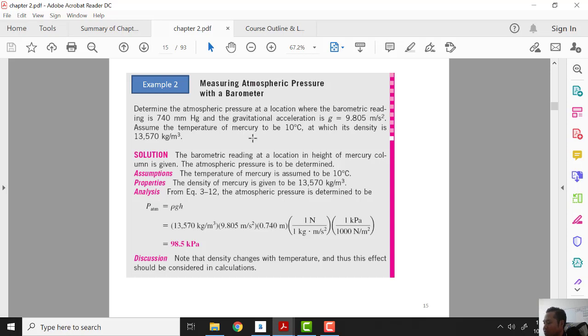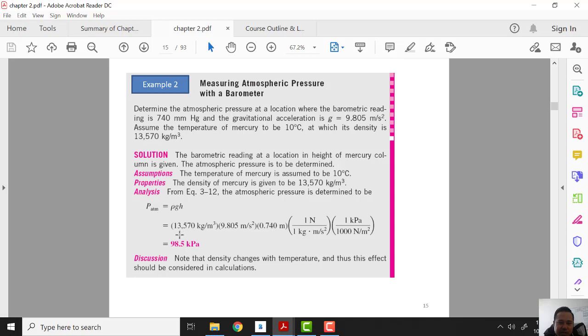So to calculate the pressure, you just need to use the equation P atm equals rho g h. Just insert the values, but you need to remember to always change your units to SI units. Here we have 740 mm, so you need to change it into meter.